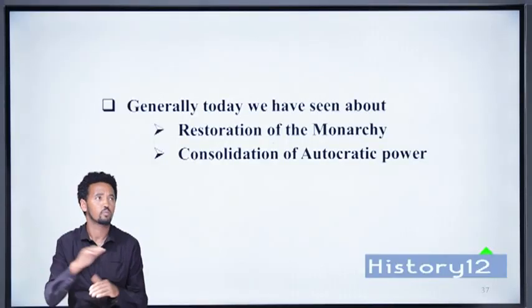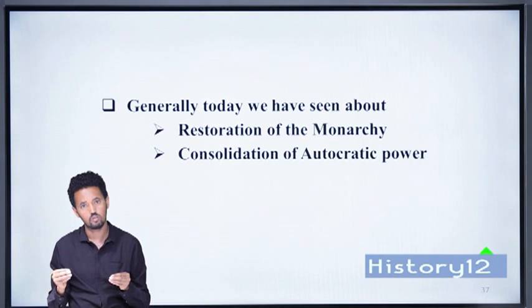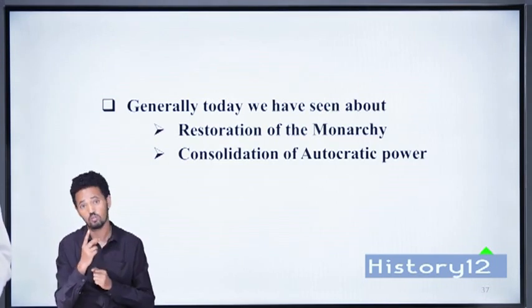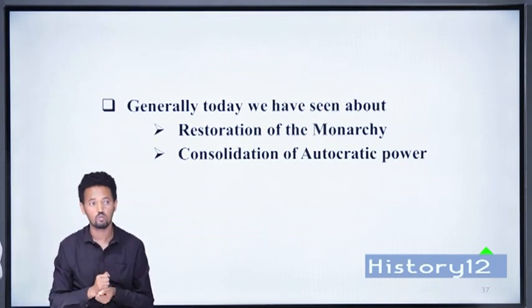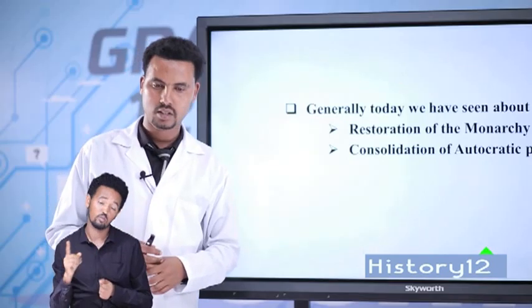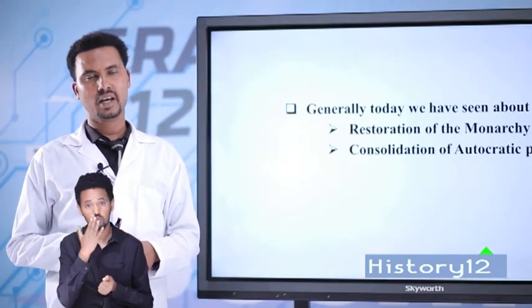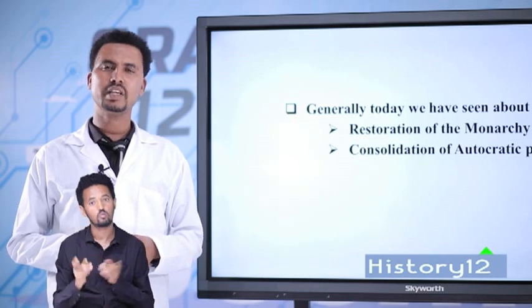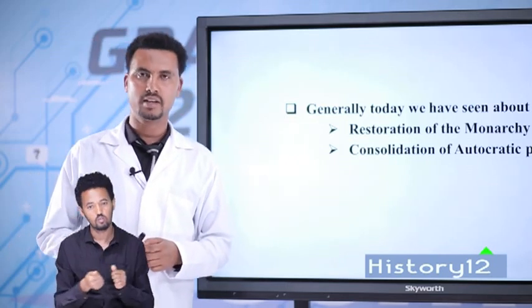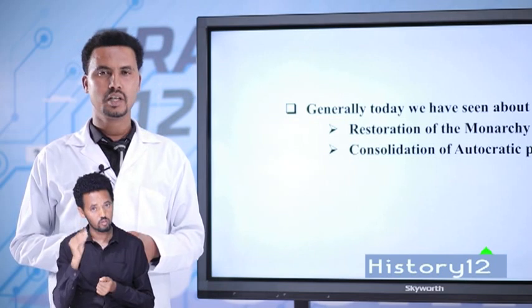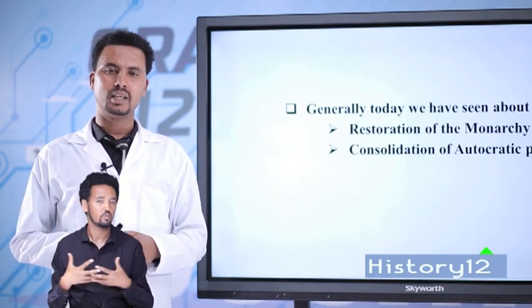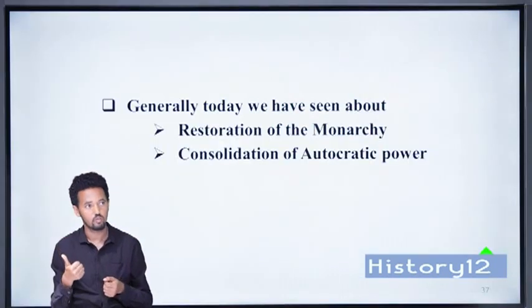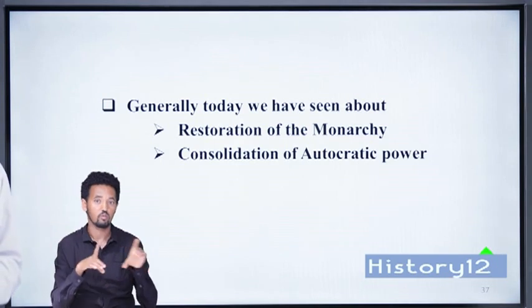Generally, students, today we have seen the restoration of monarchy, from 1941 up to 1974. During that time, there was the influence of Great Britain and the influence of America. The other subtopic was the consolidation of autocratic power.